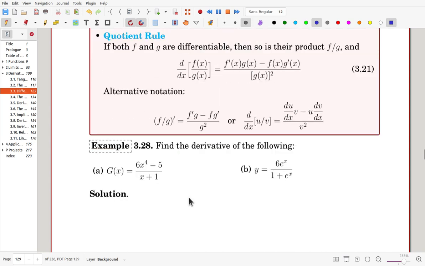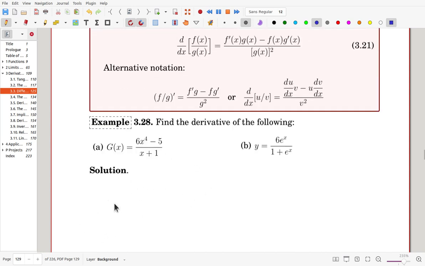Okay, let's try to find the derivative of these functions. Here, the top portion is f, and the bottom is g. So here the derivative is the same as, the bottom is g squared, x plus 1 squared.